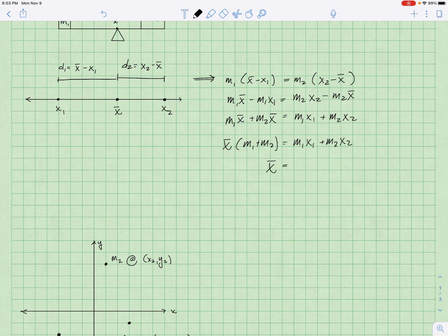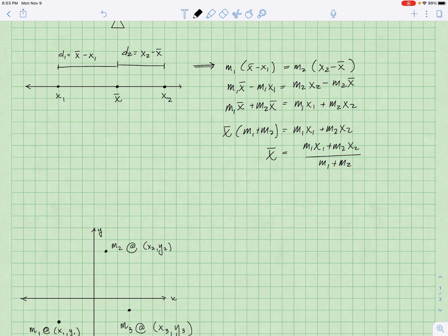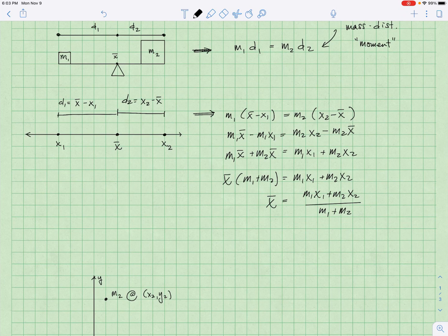And if we solve that for x bar, we see that x bar is m1 x1 plus m2 x2 over m1 plus m2.